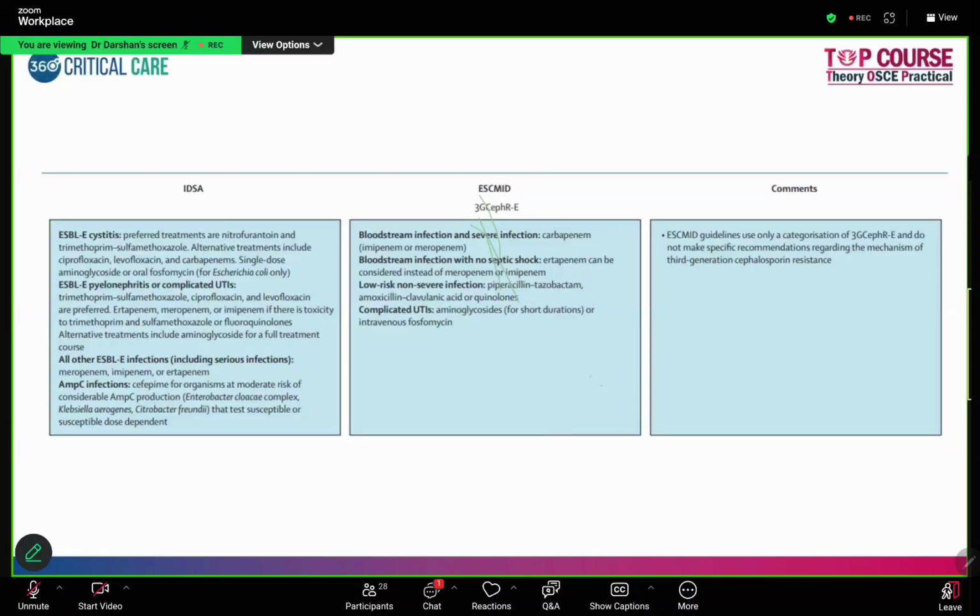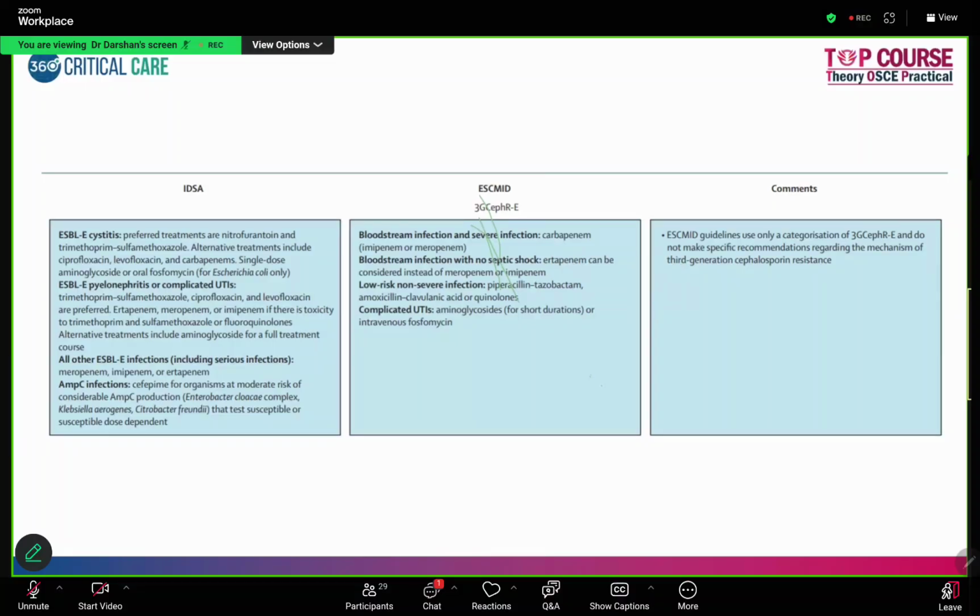I would suggest you guys remember IDSA, because that is what is universally followed. Most of the places it is more or less the same. So if at all there is one take-home point from ESBLs that I want you to take, divide it into two major things. One is severe infections, especially bloodstream infection, where the drug of choice is carbapenems. The other group is UTI or pyelonephritis.